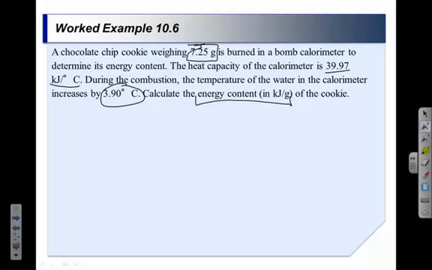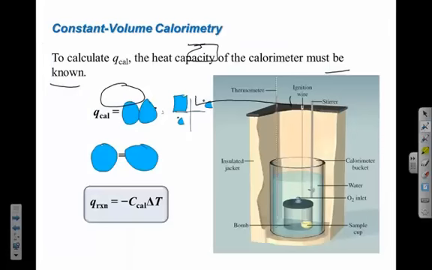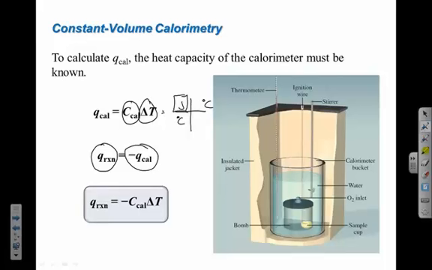So what we want to look at here is, really, this is a kind of a complicated example, because if we look back at the calorimeter, we said when this reaction occurs and the energy is released, we have water to absorb that energy, but the energy can also escape into the calorimeter, and the calorimeter can also absorb that energy.